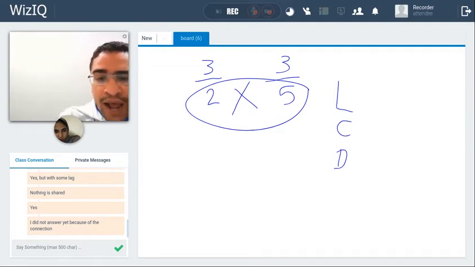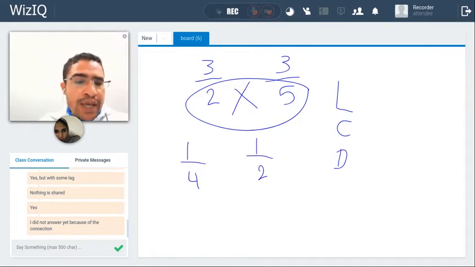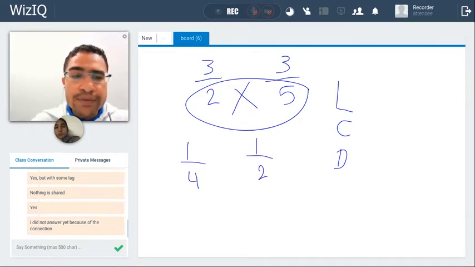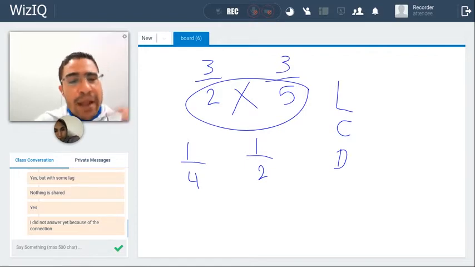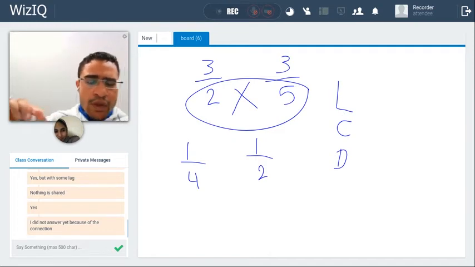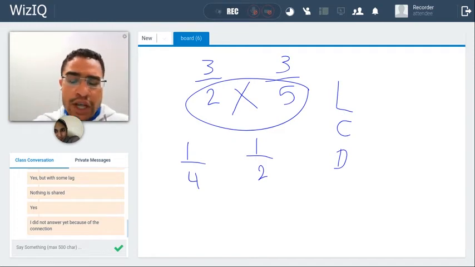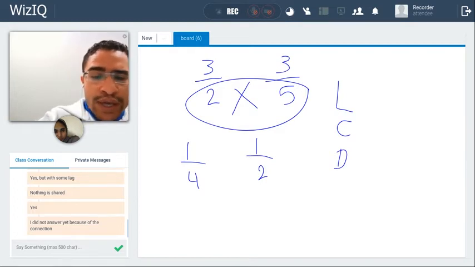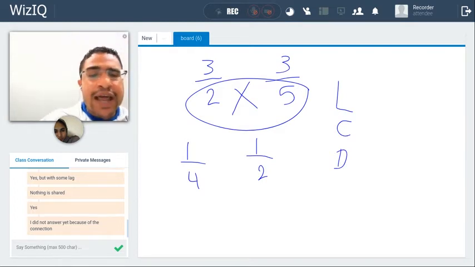Now, if you look at these two fractions, what would be the least common denominator? 8? Nope, that would be a multiple. Oh, 4. Yes. What do I mean by the least common denominator? It means you can divide.